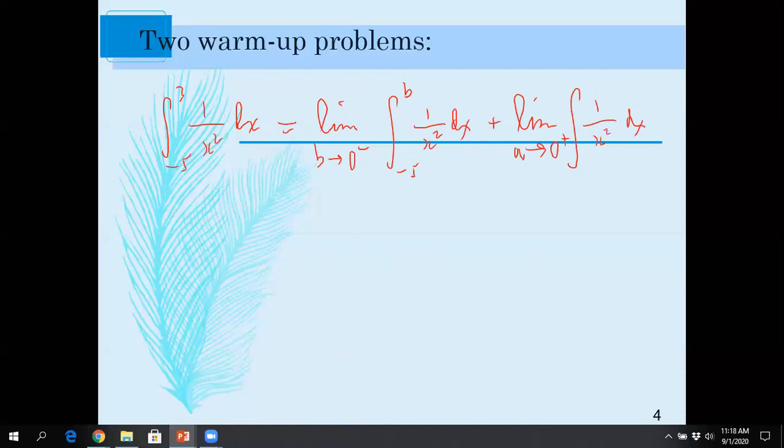And this time I'm going from where? a to 3.